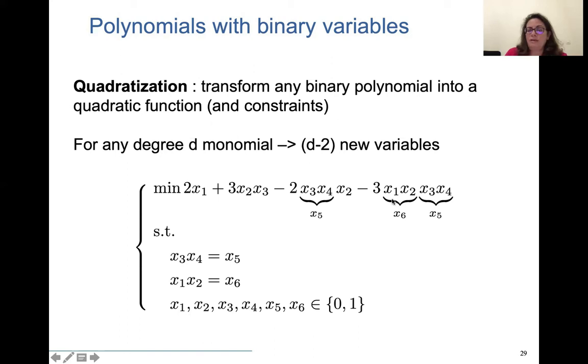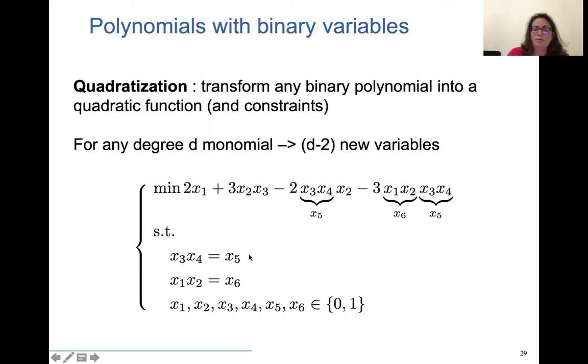So again, you have x1, x2 that you replace by x6, and now you have a quadratic function. So you get a quadratic function, but you added this quadratic relationship between your initial and your new variables.